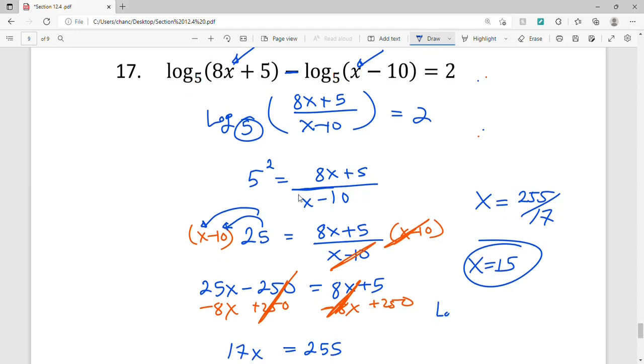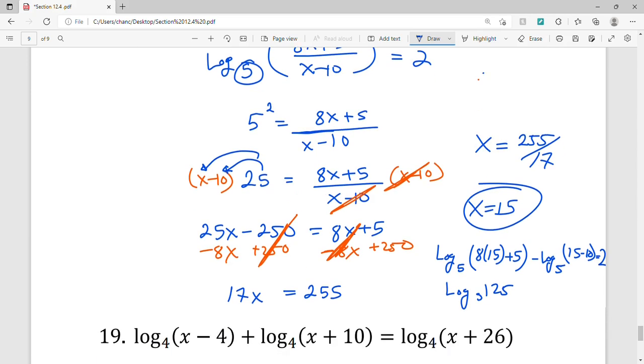We have log base 5 of 8 times 15 plus 5 minus log base 5 of 15 minus 10, is that equal to 2? 8 times 15 plus 5 gives me 125. We have log base 5 of 125 minus log base 5 of 5, is that equal to 2?